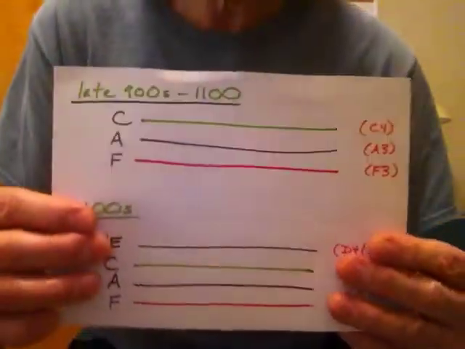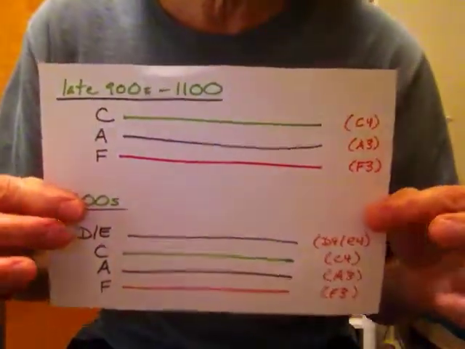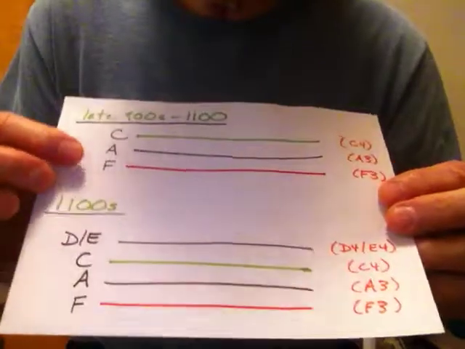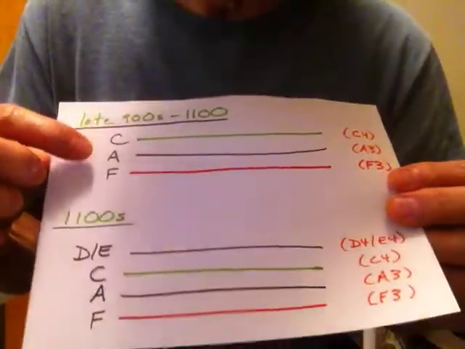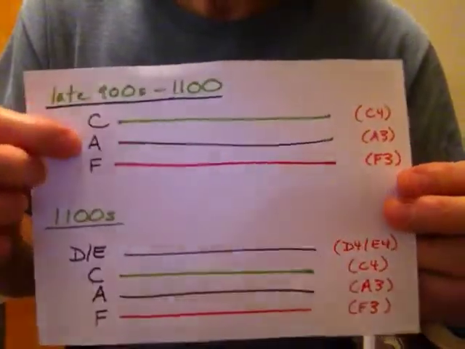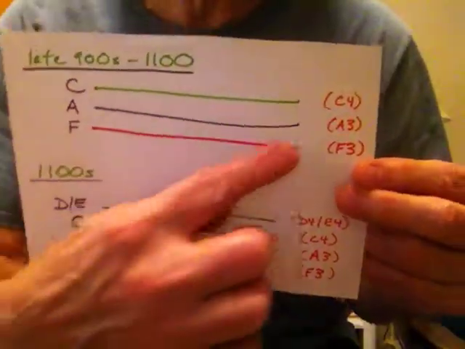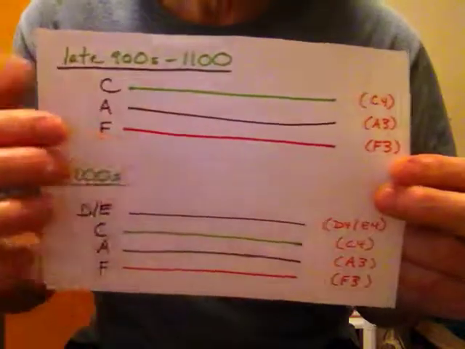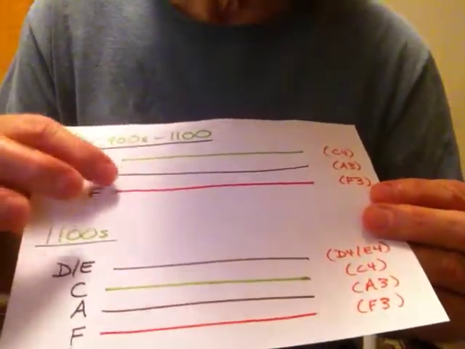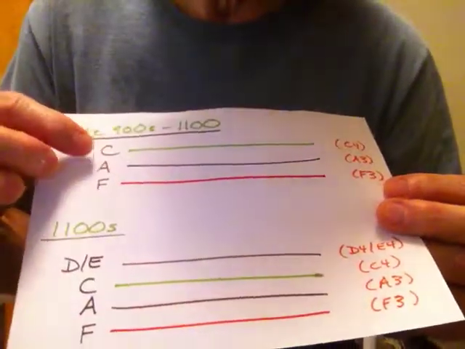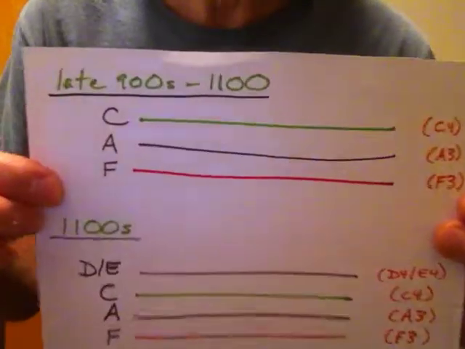Then, in the late 900s, up to, let's say, 1100, I don't know when, nobody really knows, somebody said, let's add another line, and the notes on that line will represent the tone A, that would be A3. So now you have 3 staff lines, and you have 3 crude clefs.